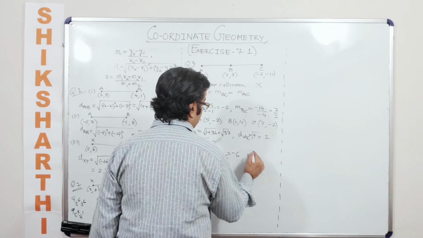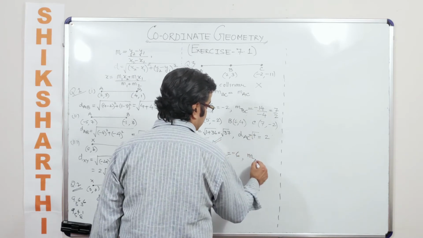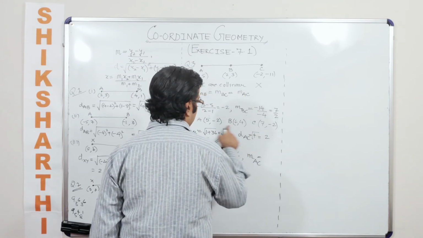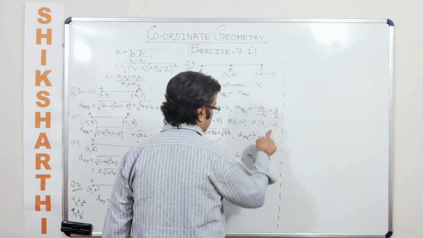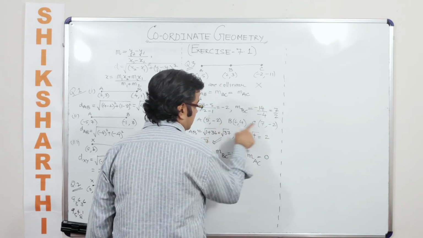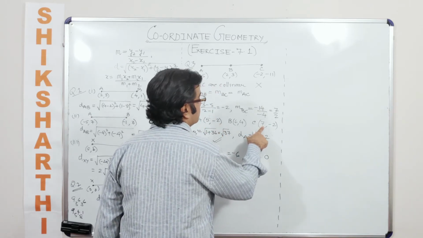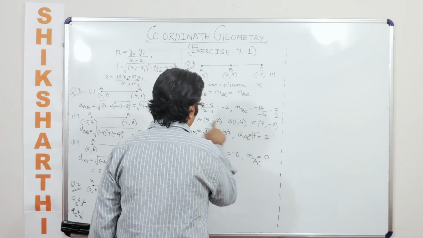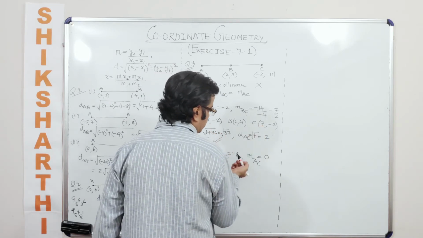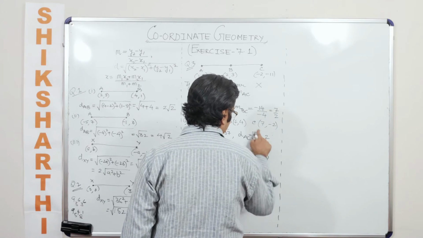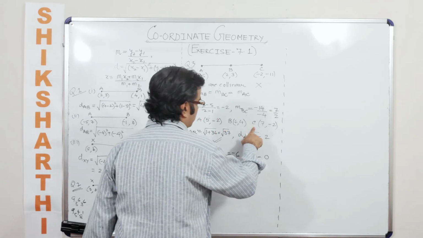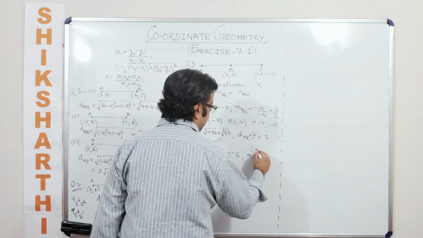Now the slope of the third side, AC, is y2 minus y1, which is 0, divided by x2 minus x1, which is non-zero. So this means the third side of the triangle is the x-axis.